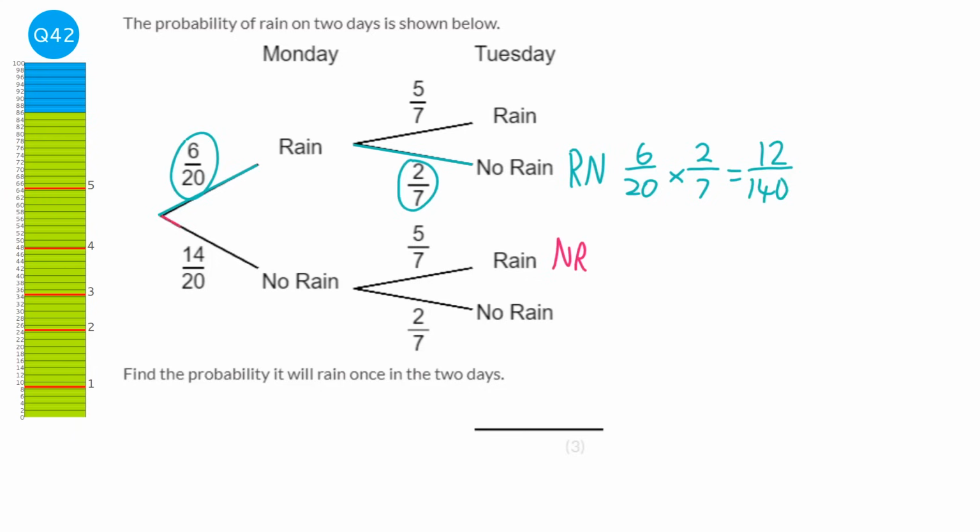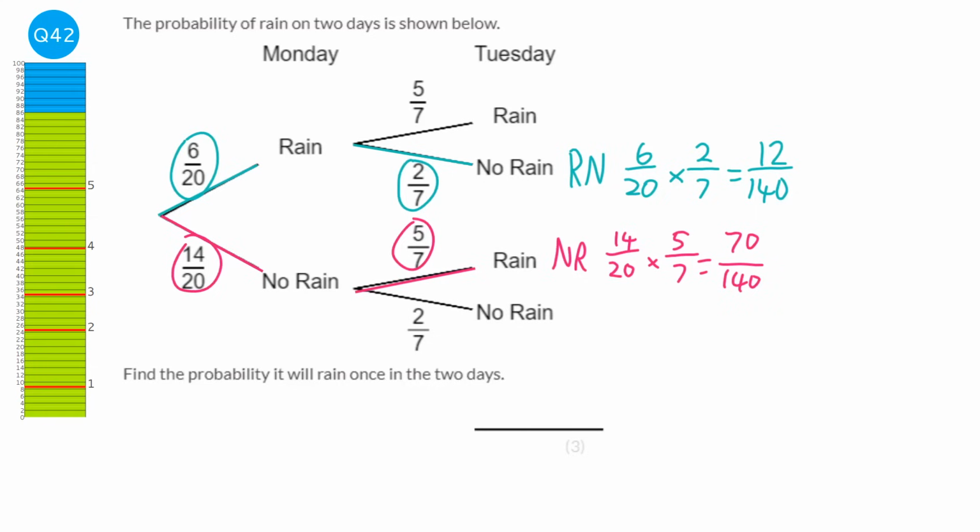And to work out the probability it will not rain on Monday and rain on Tuesday, we're just going to multiply the 14 over 20 by the 5 over 7. So that would be 14 over 20 times 5 over 7, and that will give us 70 over 140.